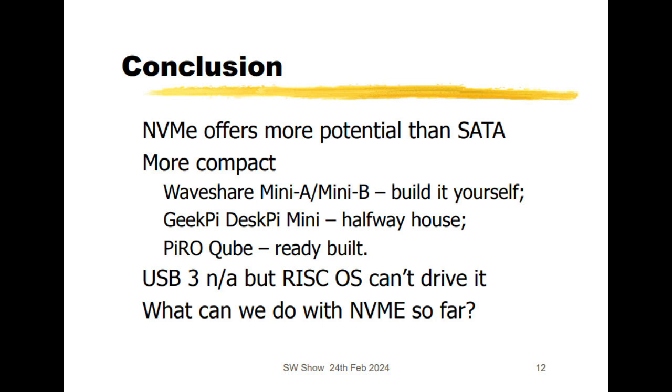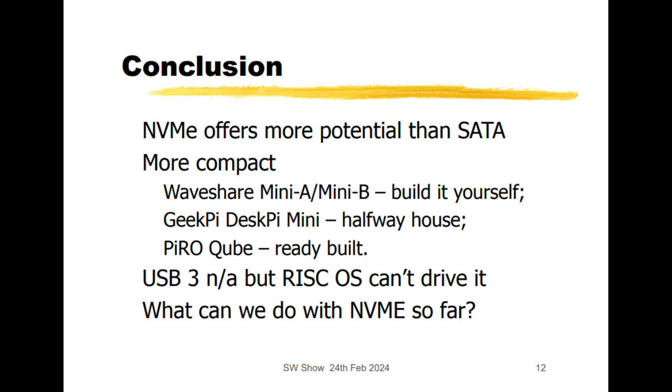It's more compact. As you can see, the DeskPi is even smaller than this, and you can buy them in various bits and make your own case, or you can buy them ready-built in the form of the DeskPi Next from Arnos or the Pyro Cube from RISCbits.